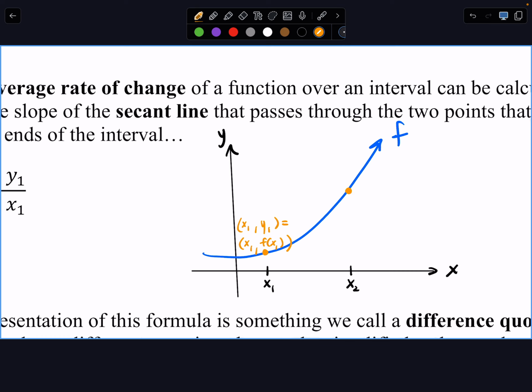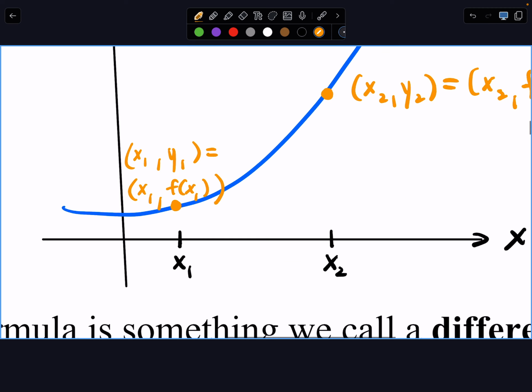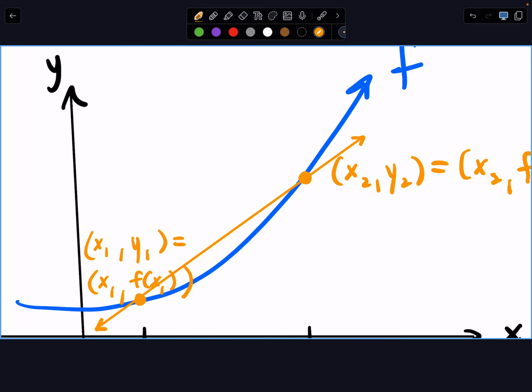And this point right here is x sub 2 comma y sub 2, and with function notation can be written as x sub 2 comma f of x sub 2. The line that passes through those 2 points is referred to as a secant line.